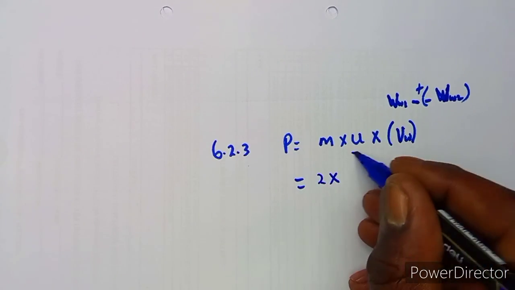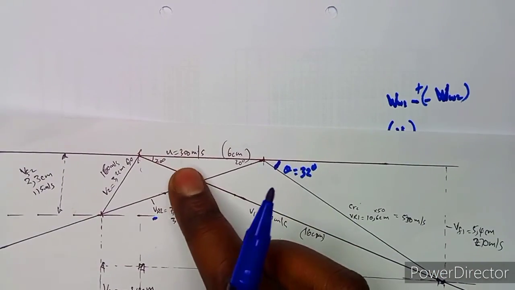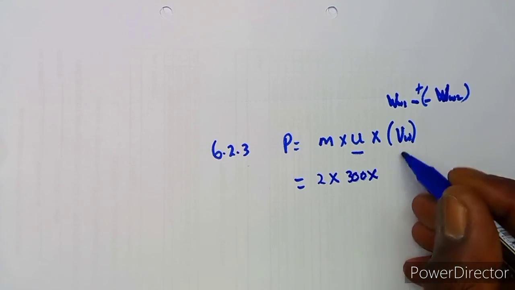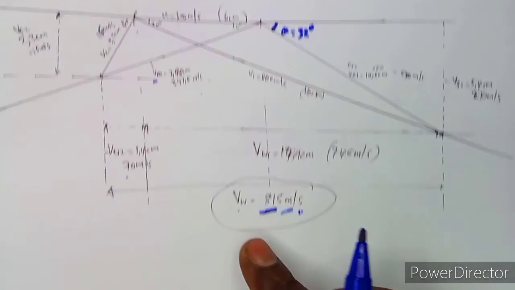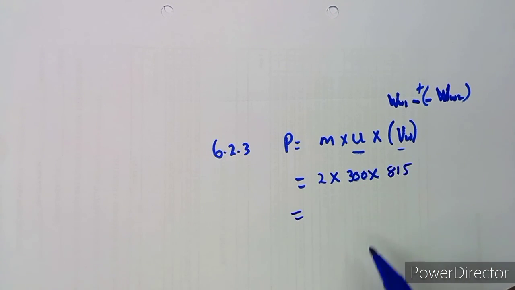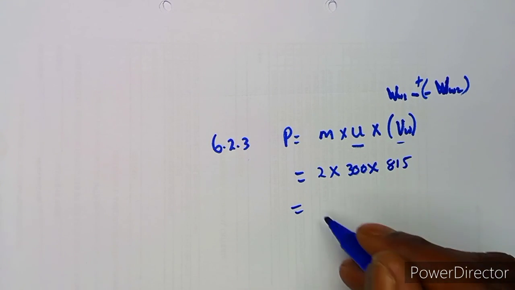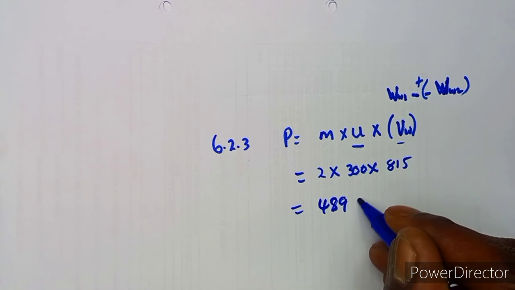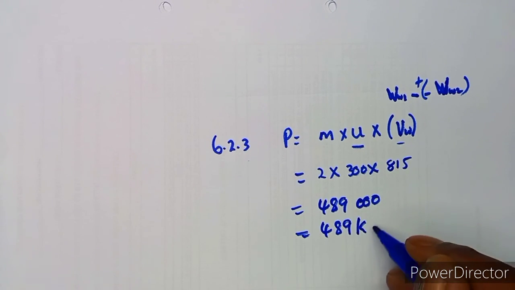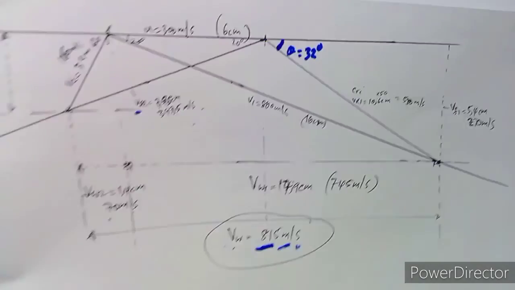So it's 2 times the u, which is 300, times VW, which is 815 according to my diagram. I don't know what you are having, but mine is 489,000, which is 489 kilowatts. So that would be your power in kilowatts, as it is given in kilowatts.